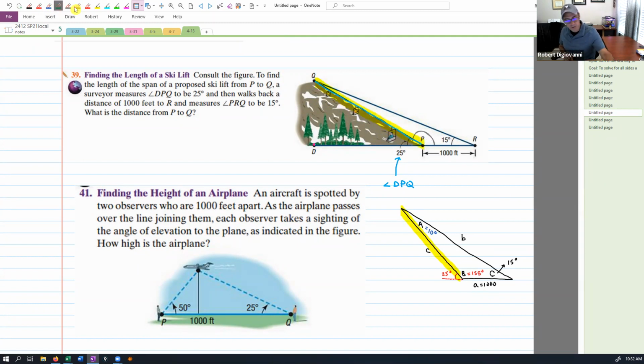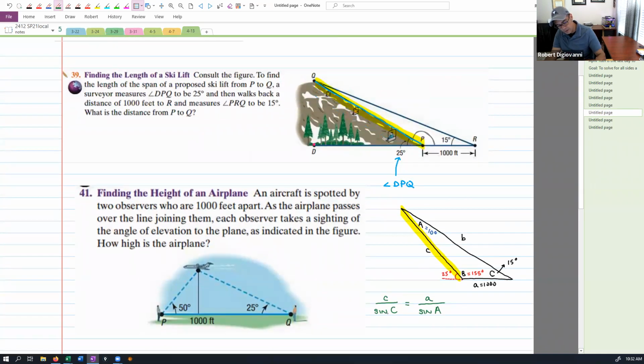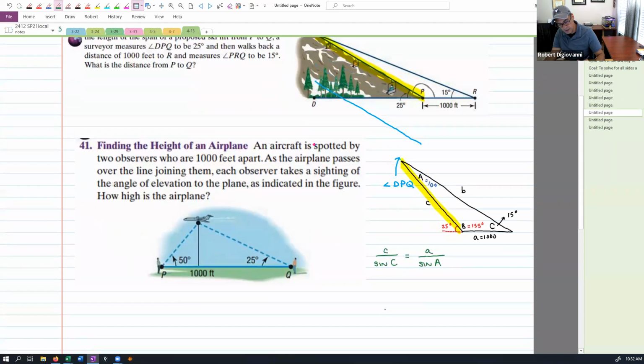So if I want to know little c, I'm going to put little c over sine of capital C must equal, now what do we have? In terms of sides, all we're given is little a is 1,000. So I'm going to be doing little a over sine of capital A here. I'm going to run out of room, so I'm going to have to scroll down here. Let me clear that out.